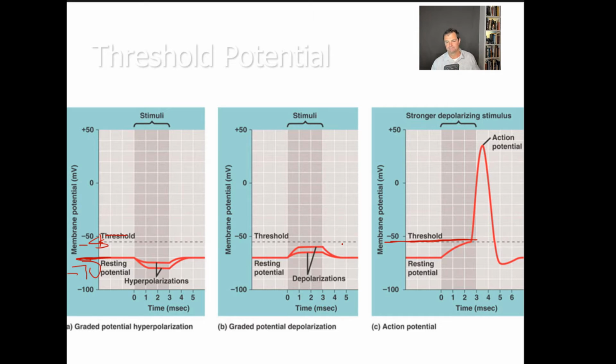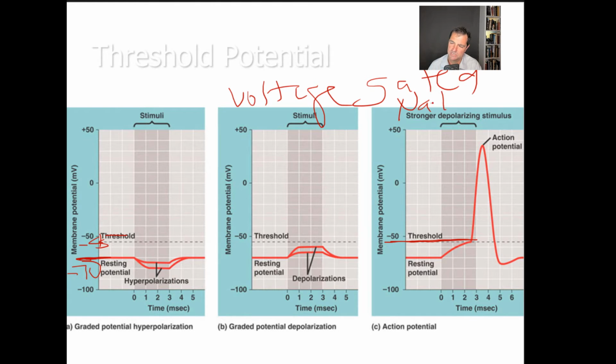Anyway, as you get more positive, once you hit a certain point, the sodium channels open up. There are what are called voltage gated sodium channels, and the voltage gated sodium channels open when you hit that threshold.